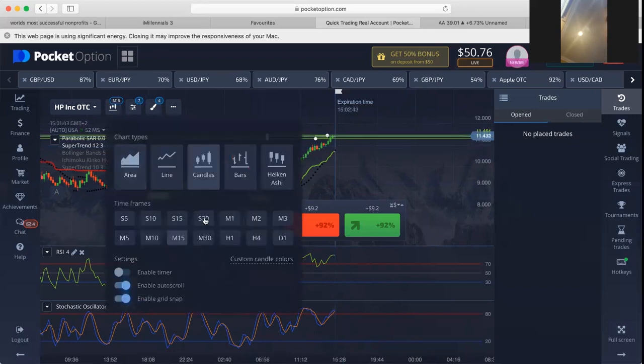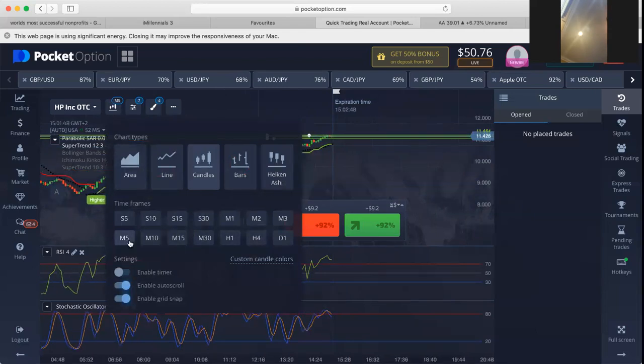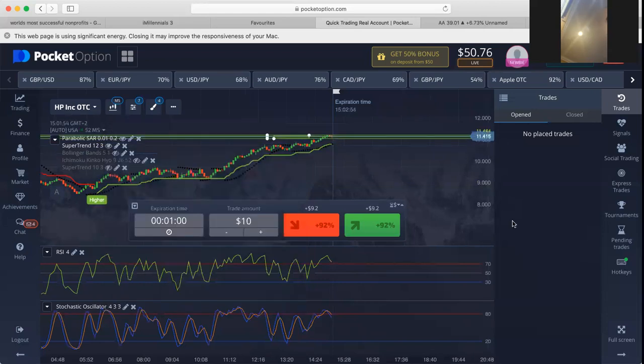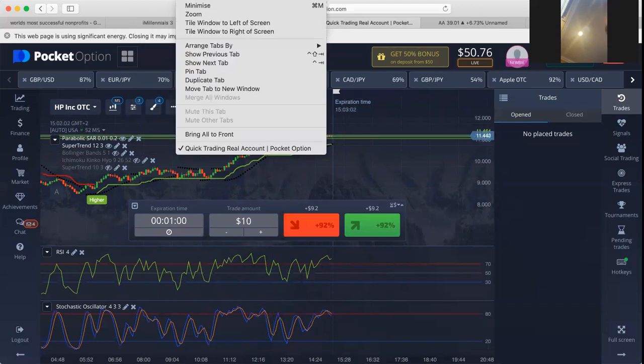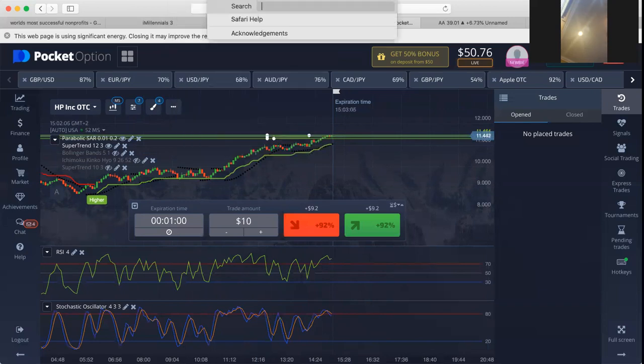Okay. Now I'm going to the 5-minute time frame. Yeah, it's changing. On a 5-minute time frame, what I'm essentially seeing right now, I don't know how to zoom in and zoom out in this. I see it on my page. All right, looks like it's going up too.